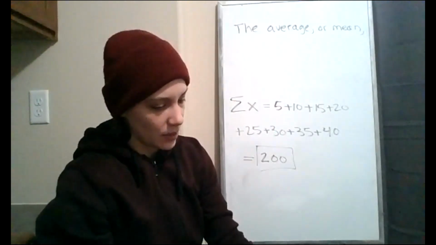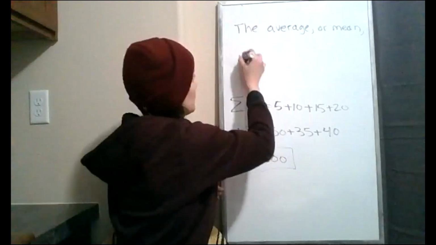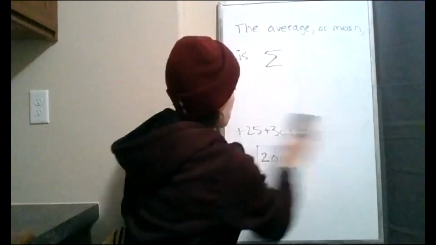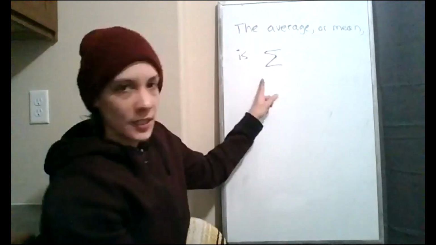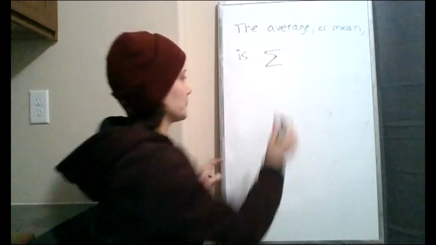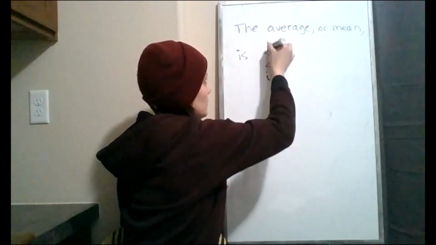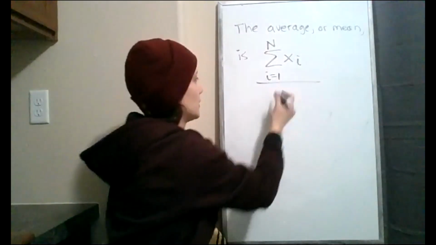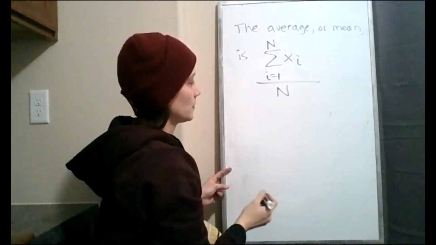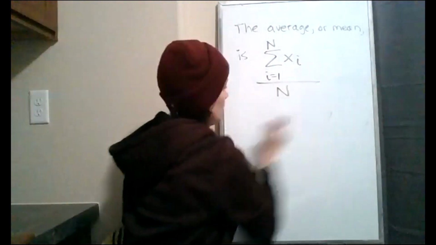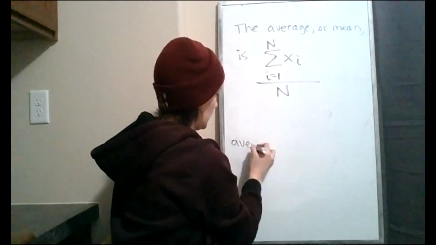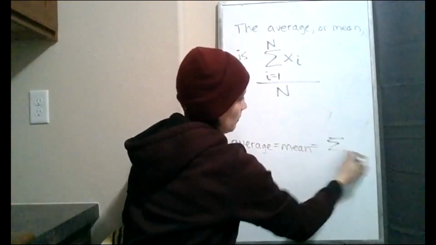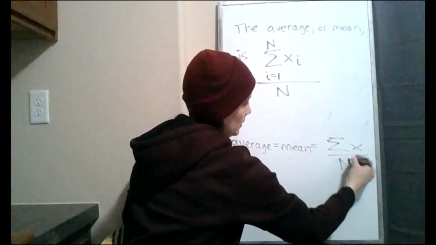The average of a set is called the mean, and equals the sum from i equals 1 to n of x sub i, and then divide that number by capital N. So again, average equals mean equals sum x over n, same thing.